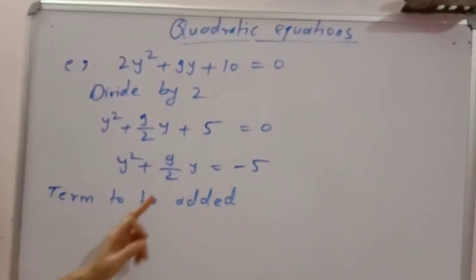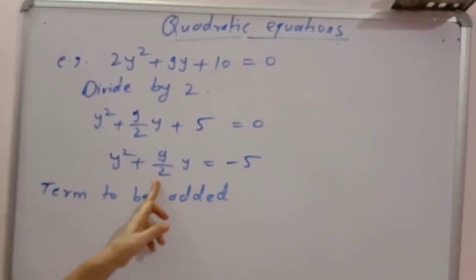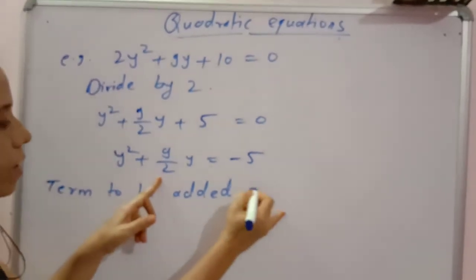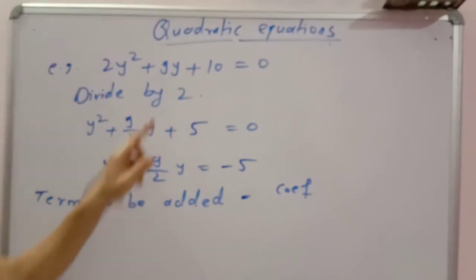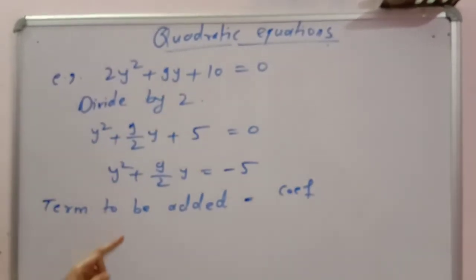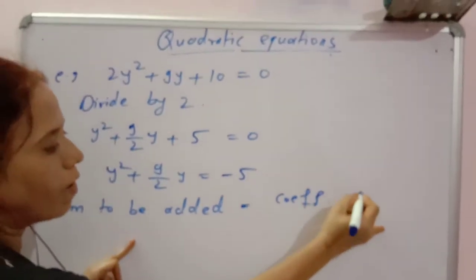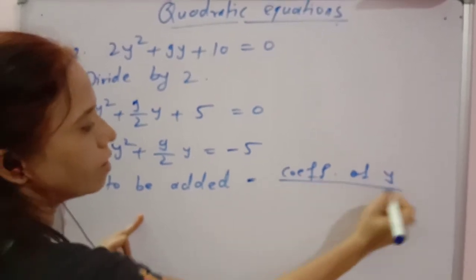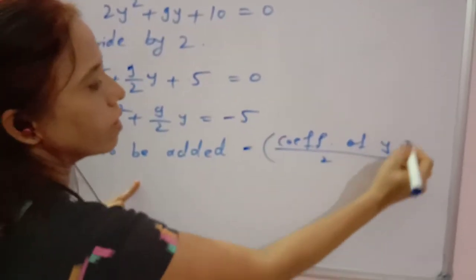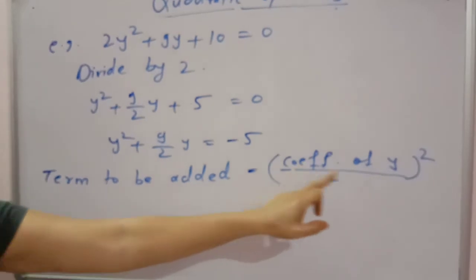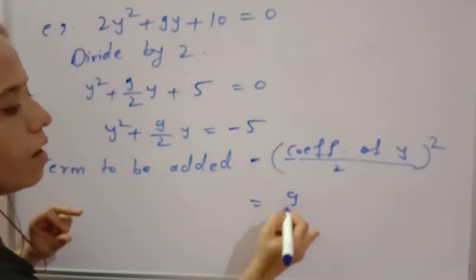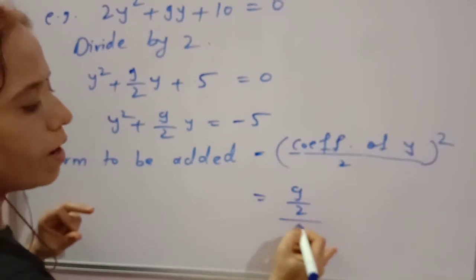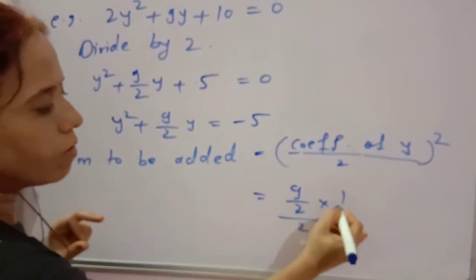And for that, what is the formula that is written in our textbooks also? Equal to coefficient of, now here this is the quadratic equation in variable y, that is coefficient of y divided by 2 bracket square. So what is the coefficient of y here? 9 upon 2. Divide by 2 means what? Multiply by 1 upon 2.